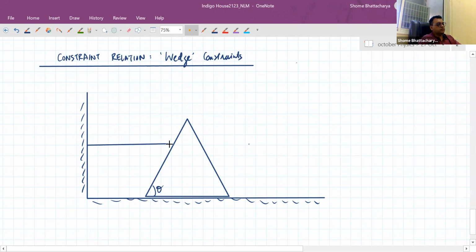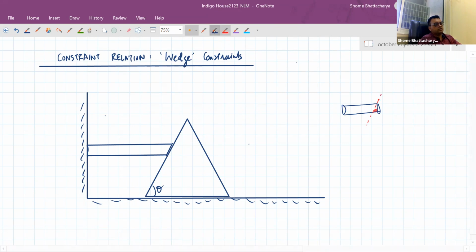We have got like a rod which we have cut in a shape such that this part of the rod fits exactly here, and this section of the rod is a vertical cut. So this could be a cylinder or a rod which is cut in this way. So it's something that was a cylinder like this originally, but then we have cut it like this using a plane which is making an angle theta with the horizontal.